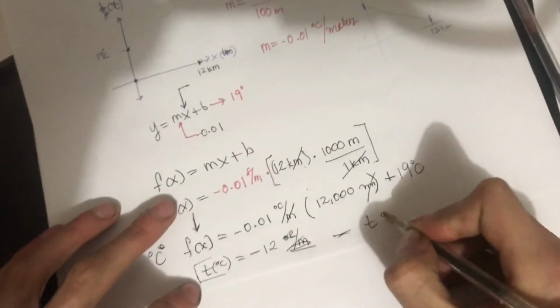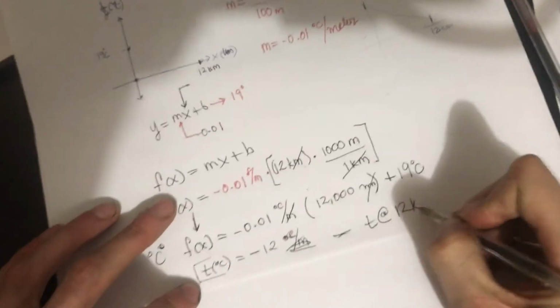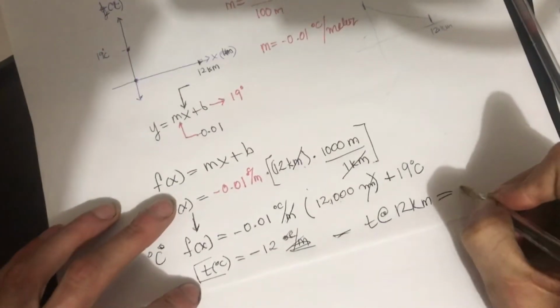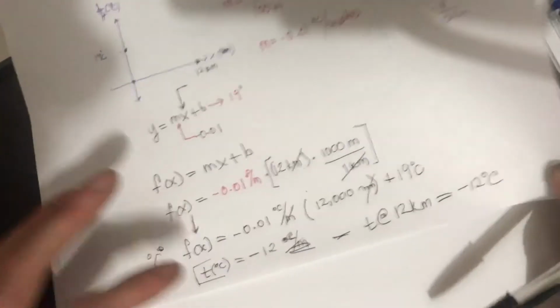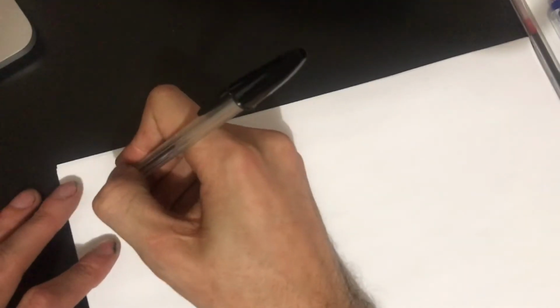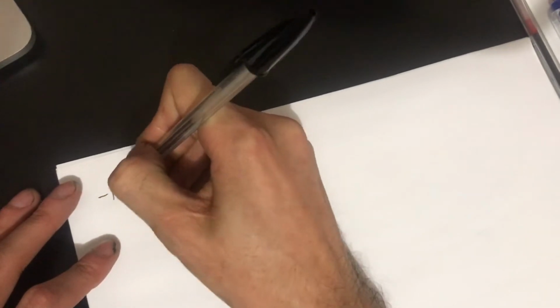So my temperature at 12 kilometers equals negative 12 degrees Celsius.